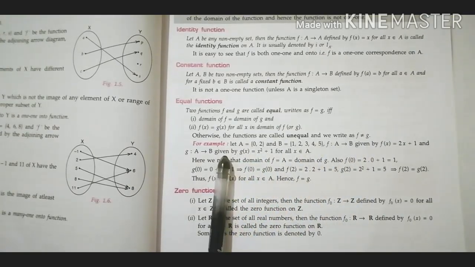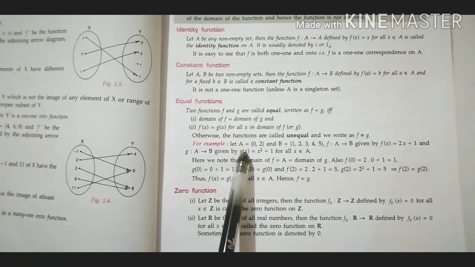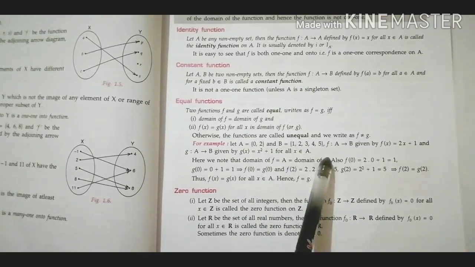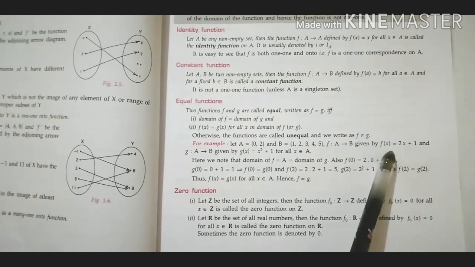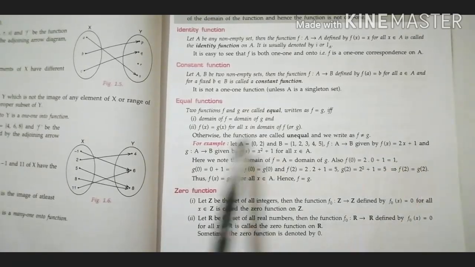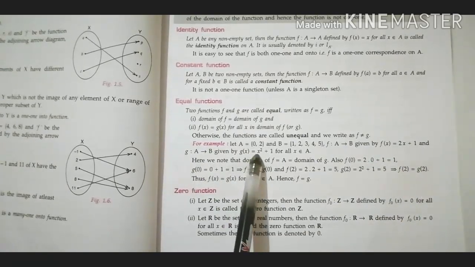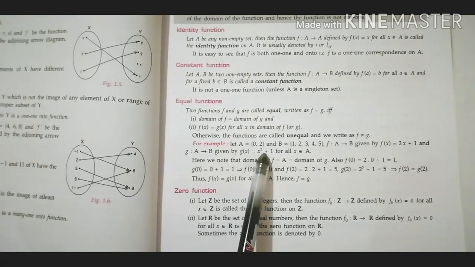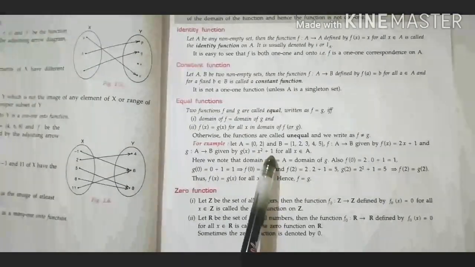Suppose here one example is given, we can go through that. Let A = {0, 2}, B = {1, 2, 3, 4, 5}. The function is defined from A to B, given by f(x) = 2x + 1, and g(x) defined as x square + 1.